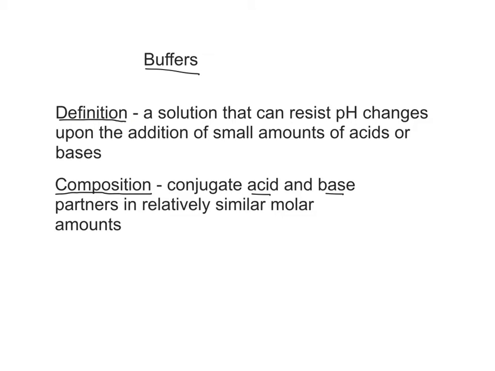So the best way, I think, to do this is with an example. So let's look at a buffering system. I'm just going to make one up here, okay? So I've got acetic acid. Let's say I have a 0.1, sig digs, not very many, but 0.1 mole per liter solution of acetic acid, okay?